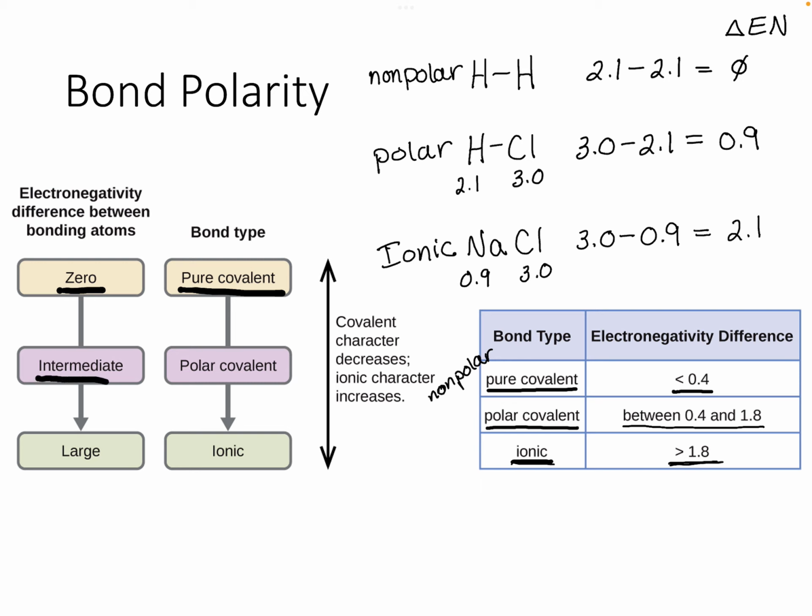If your difference is intermediate, it's kind of in the middle, then that's a polar covalent bond, and electrons are shared unequally. And then if your difference is really large, that means you have an ionic compound. But remember, you can also tell that you have an ionic compound if you have a metal bonded to a nonmetal, or if you have polyatomic ions present.